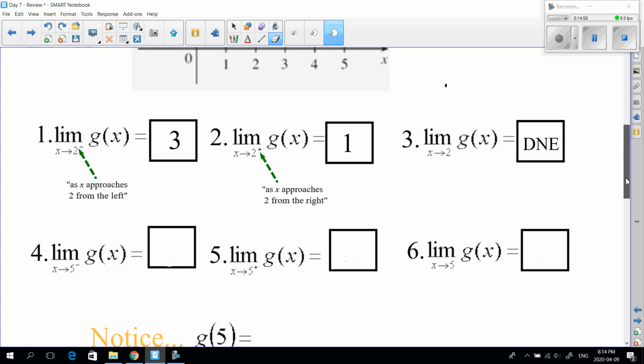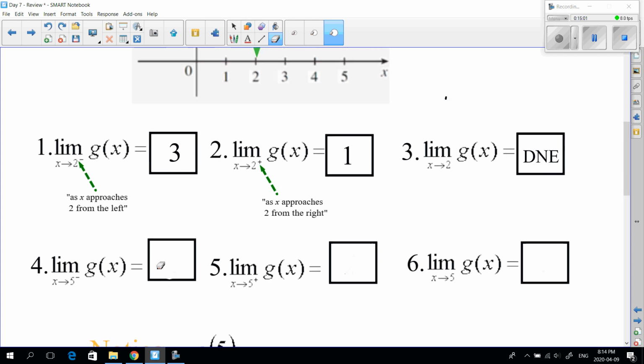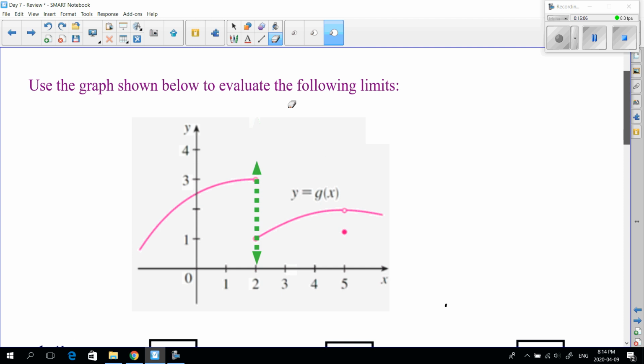All right. Next up, I want to approach 5 from the left, the right, and then I'm going to check again. So what I would do in this case is move my straight edge. When I approach 5 from the left, that's this side of the curve, I arrive at a height of 2.